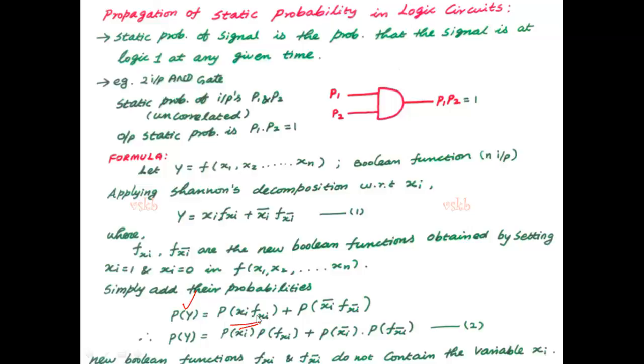P of xi times P of f_xi, and similarly here, P of xi bar times P of f_xi bar. Therefore, for the output probability with respect to each of these inputs, and how the change in each of these inputs reflects on the output, we have now found a way.